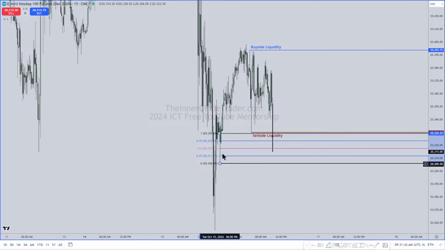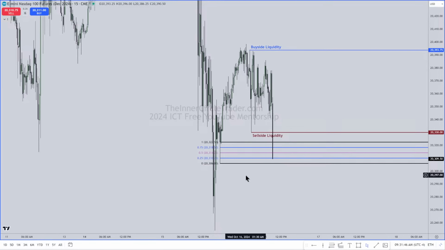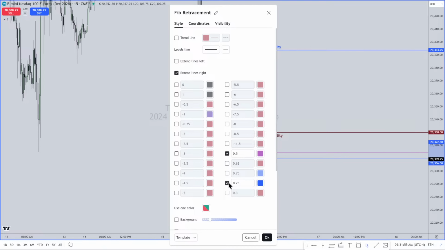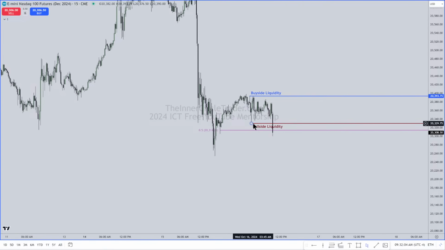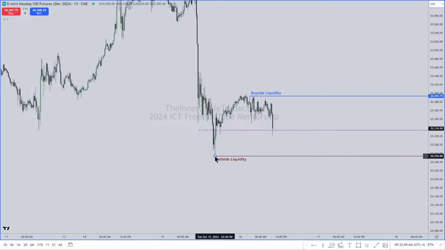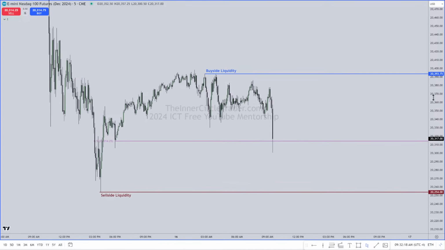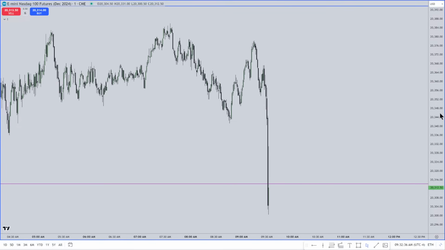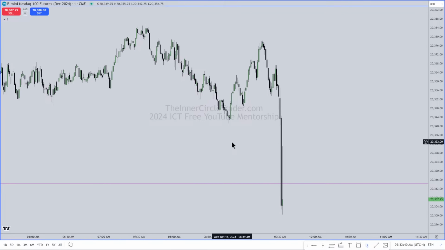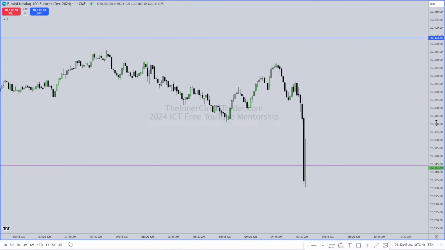TradingView is really lagging. Just being quiet.